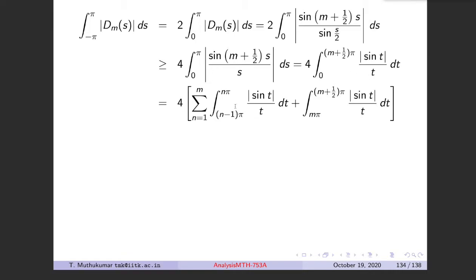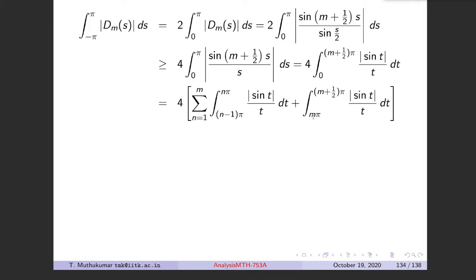Now you write this integral from 0 to m plus half pi into intervals of length 1, so between n minus 1 and n, right? So n minus 1 plus 1 is n, so it's intervals of length 1. You can write this integral as a summation over smaller intervals.